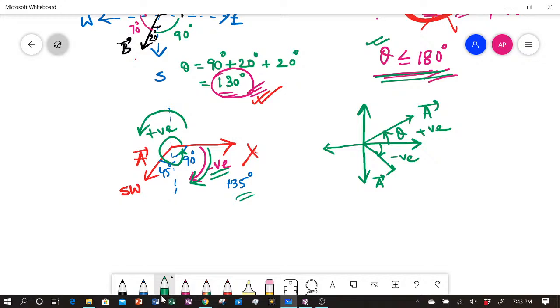Okay, and it would give you 90 plus 90 plus 45, that is 180 plus 45, that is 225 degrees, right? So it would give you the correct answer.